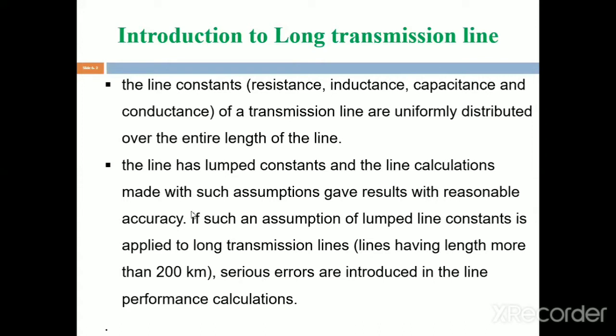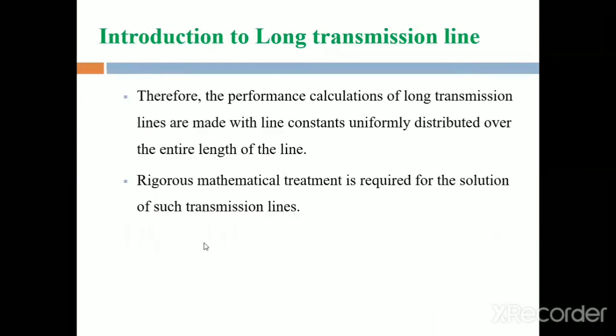Therefore the lumped parameters are replaced by uniformly distributed parameters. For normal calculations it is difficult to calculate the effect of resistance, inductance and capacitance while considering them uniformly distributed. That is why in the case of a long transmission line we are using a rigorous mathematical treatment.